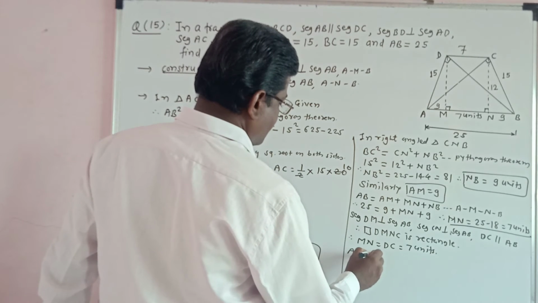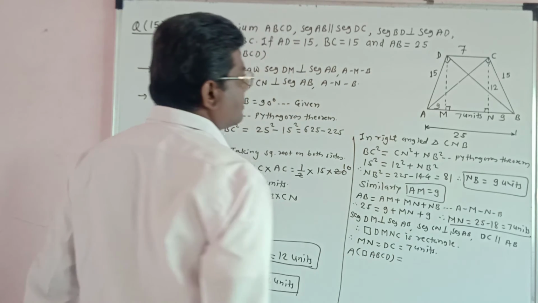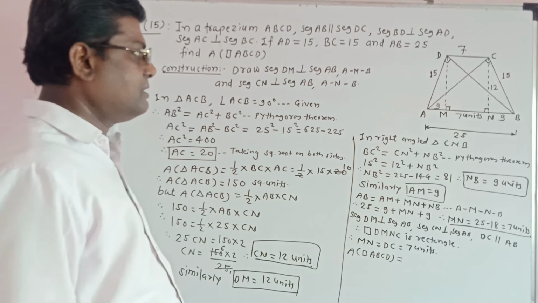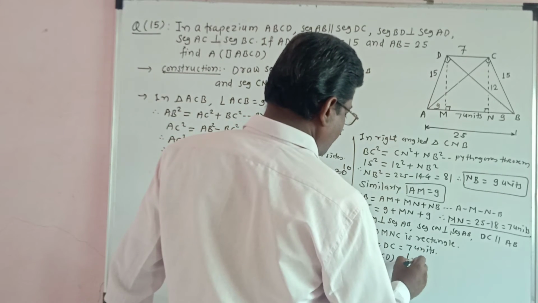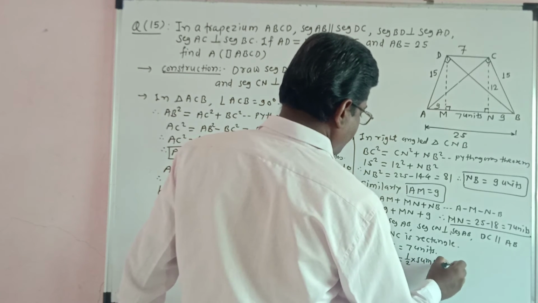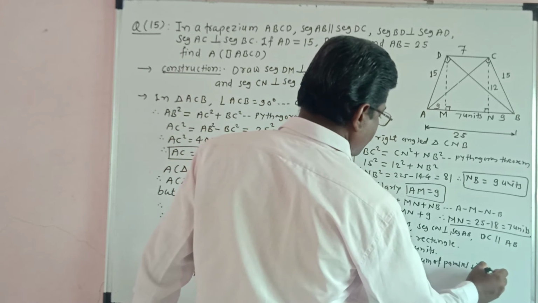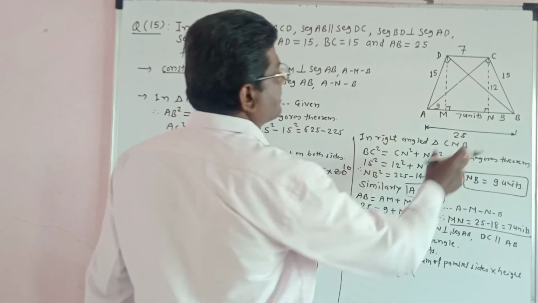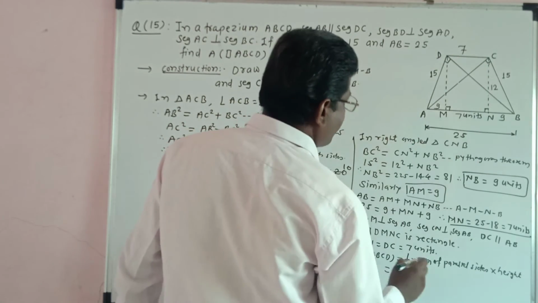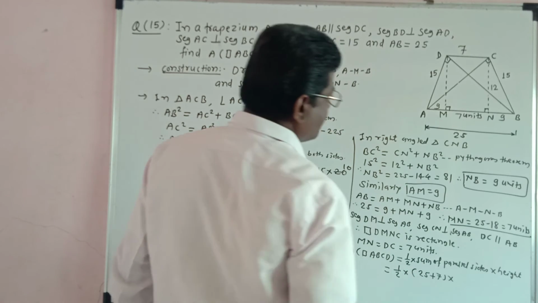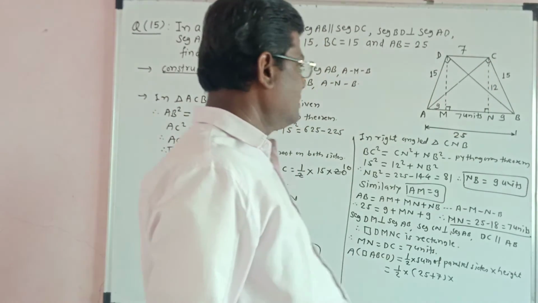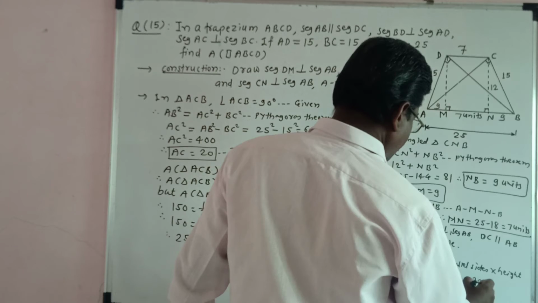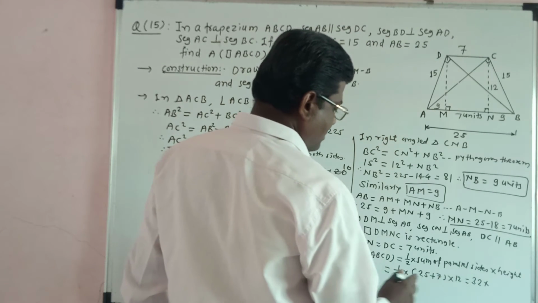Area of quadrilateral ABCD, which is a trapezium, is 1 upon 2 into sum of parallel sides into height, which is equal to 1 upon 2 into the sum of parallel sides, that is AB plus DC, 25 plus 7, into height, which is CM, that is 12. 25 plus 7 is 32, and 12 divided by 2 is 6.